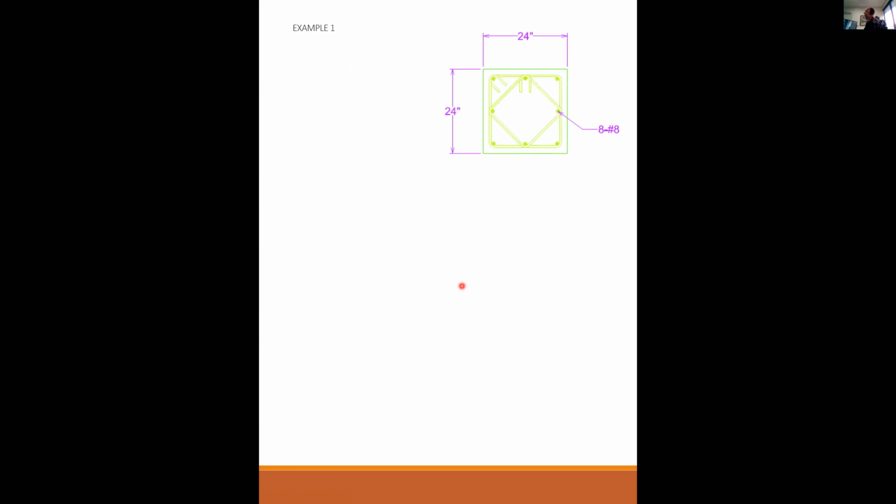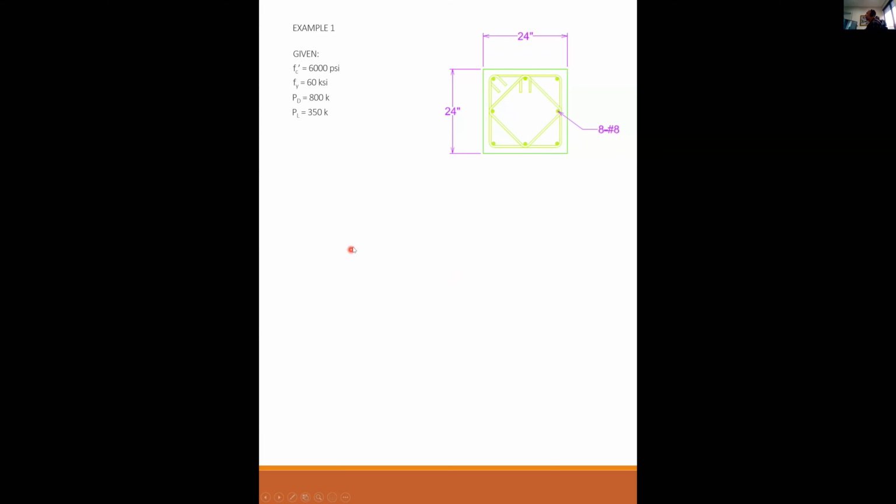Okay, everybody ready for an example? We're going to find the capacity of a 24 by 24 column with 8 number 8 bars. We're going to use 6,000 PSI concrete and grade 60 rebar. We have a dead load of 800 kips. Again, this is just pure compression, there's no bending moment.